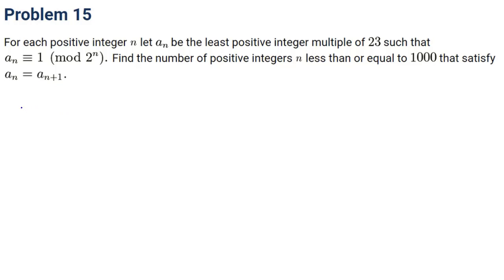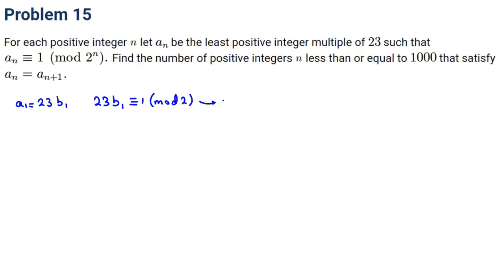Let's try to find a1. We know A1 is a multiple of 23, so we can say A1 is 23B1. Considering a small example is good. We can understand a little what the problem wants exactly. So 23B1 is congruent to 1 mod 2^1, or mod 2.